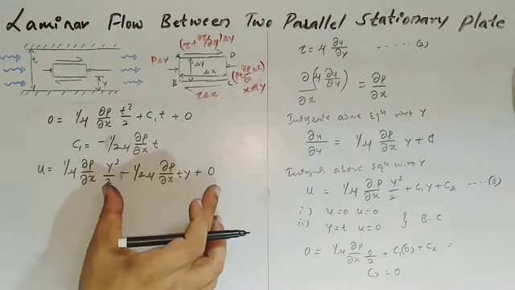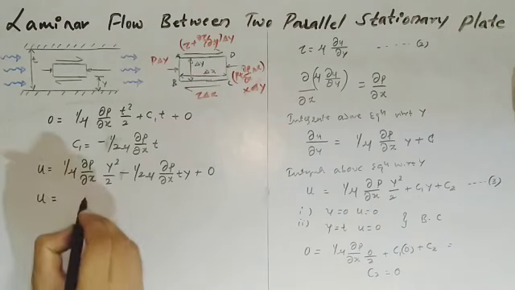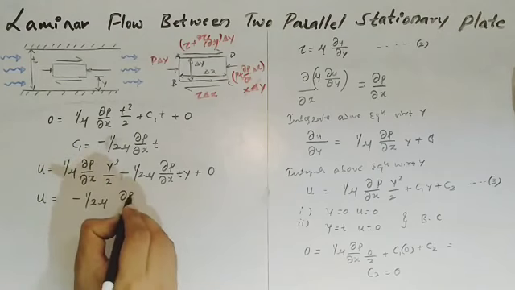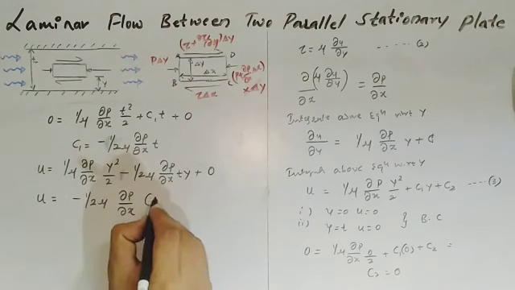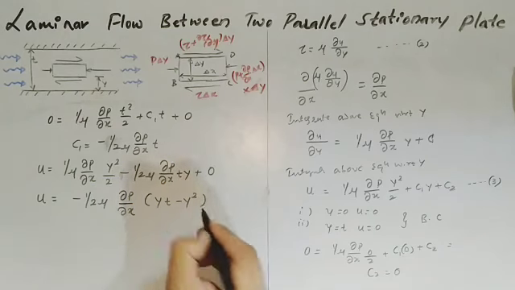Now if I simplify this equation, taking 1 by 2 mu outside, u will be equals to minus 1 by 2 mu dou p by dou x into (yt minus y square).